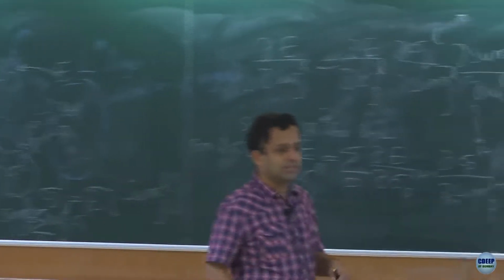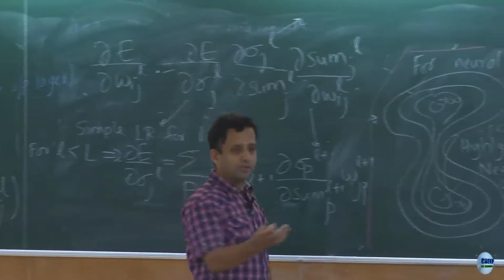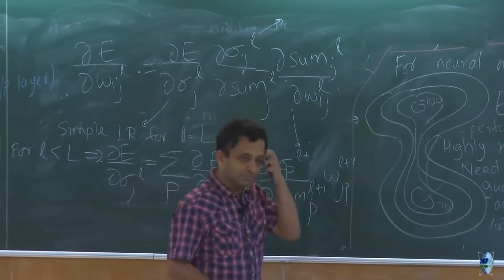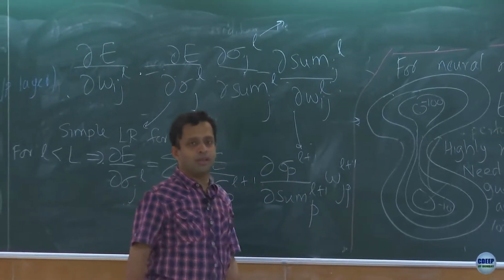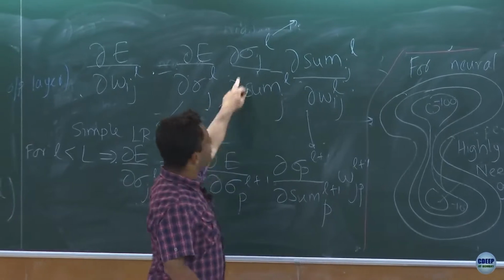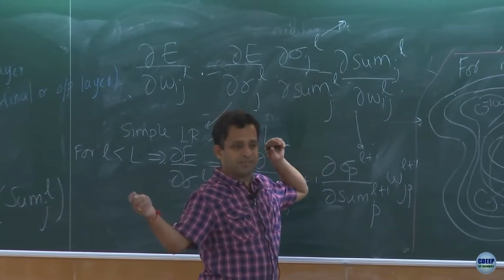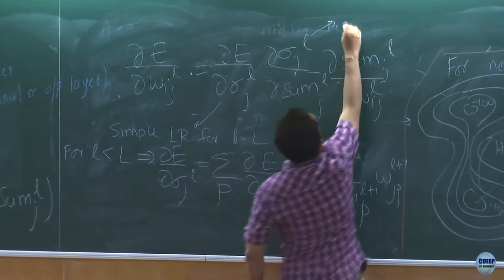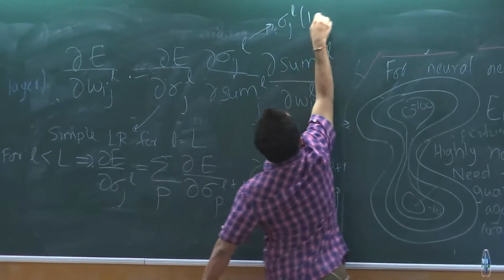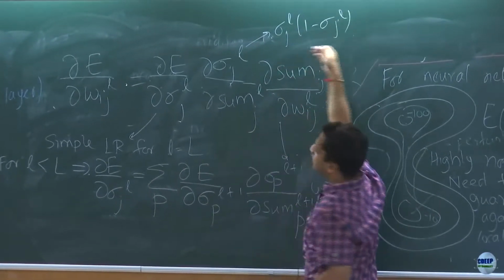F of x into 1 minus x. Or I can write it in terms of sigma itself. Sigma JL into 1 minus sigma JL. This is because of sigmoid.